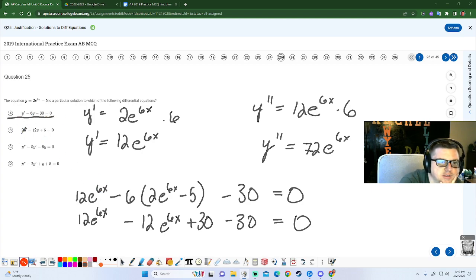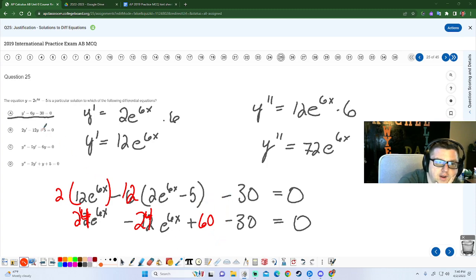Well, if I double this and multiply that by 12, this is definitely not going to work. And you're thinking, well, why wouldn't it? Think about this. If we multiply this by 2, this becomes 24e to the 6x. And then if we do this minus 12, yes, this becomes negative 24e to the 6x. But what happens here? We get a negative 12 times a negative 5, which is a positive 60, I hope.